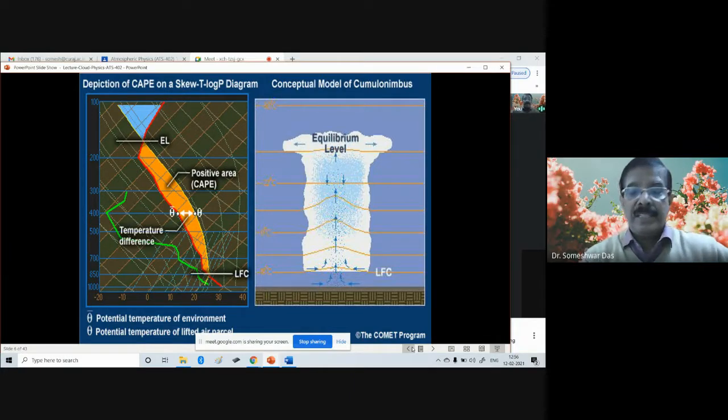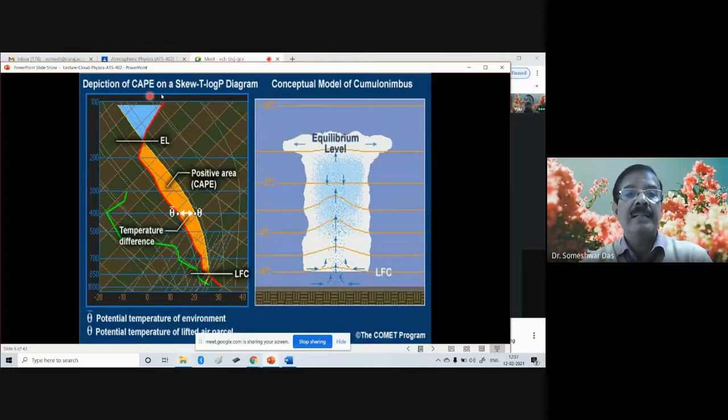As we had discussed earlier in the atmospheric thermodynamics part, we can determine the presence or absence of atmospheric instability by plotting the profiles of temperature and the specific humidity or mixing ratio on a tephigram.